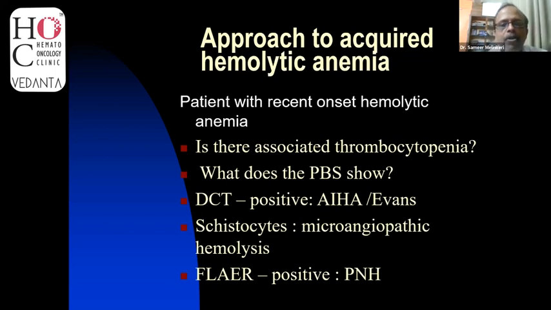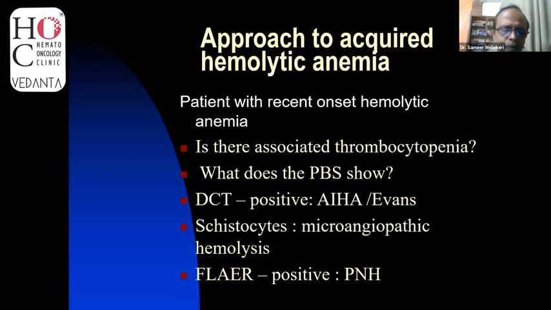Look at the DCT. In all causes of acquired hemolytic anemia, the first test that you do is a DCT, because AIHA is the commonest cause of acquired hemolytic anemia. And therefore, if the DCT is strongly positive, you're dealing with autoimmune hemolytic anemia. Evans syndrome is a condition in which you have antibodies against both red blood cells and platelets, so a combination of AIHA and ITP, and that's called Evans syndrome. Schistocytes can indicate microangiopathic hemolysis.